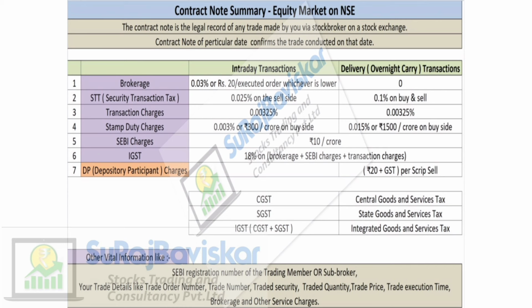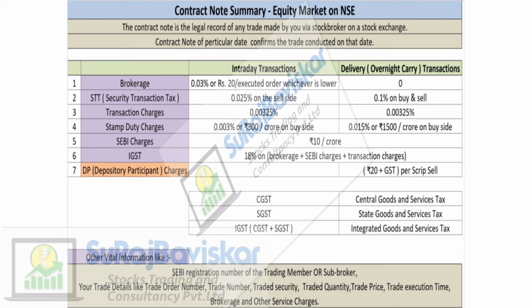For delivery you have to pay 0.1% on buy and sell. That is relatively high for a delivery transaction, but for intraday it is very low. So you can think about whether you want to carry over your position or square it off in intraday, depending on this security transaction tax.